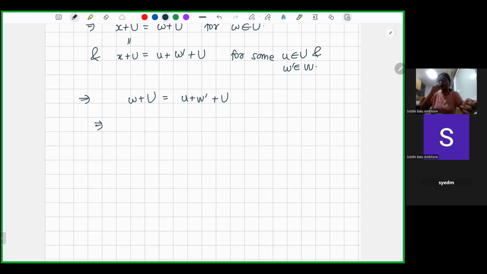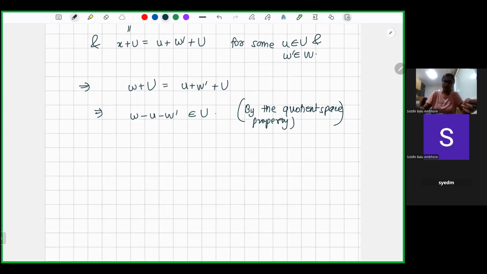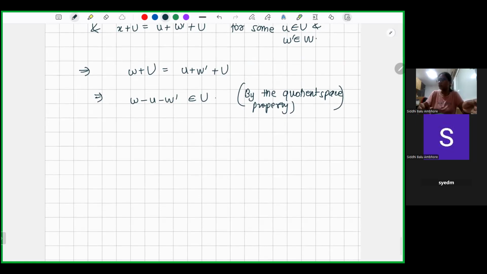And now this implies that W minus U minus W dash belongs to U by the definition, right? By the quotient space property. So let us denote Y is equal to W minus U. Okay, and this belongs to W, right?